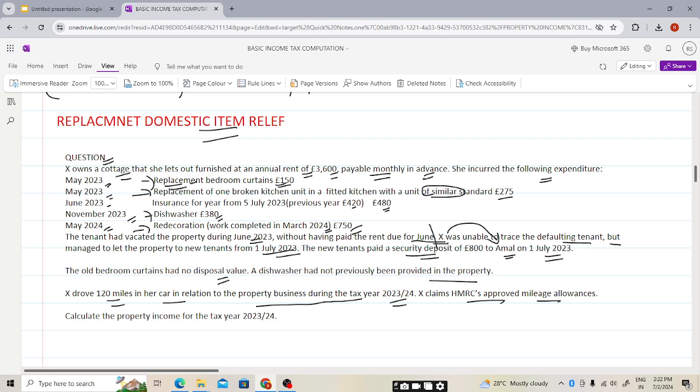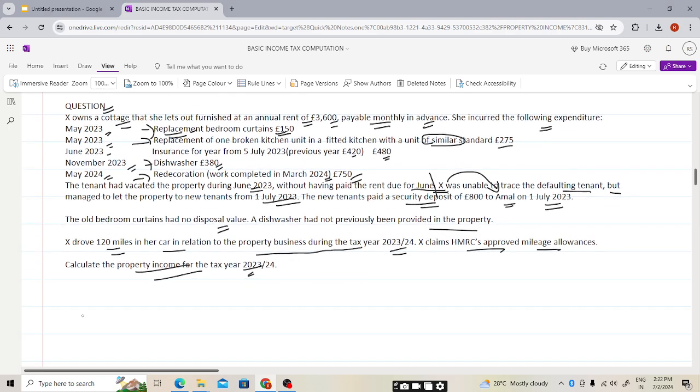Now see, we have all the topics here, leaving the finance cost. Now calculate the property income for the tax year 23-24. So how will we calculate property income, students? First step is to see whether the examiner has mentioned that we need to calculate on accrual basis or not.